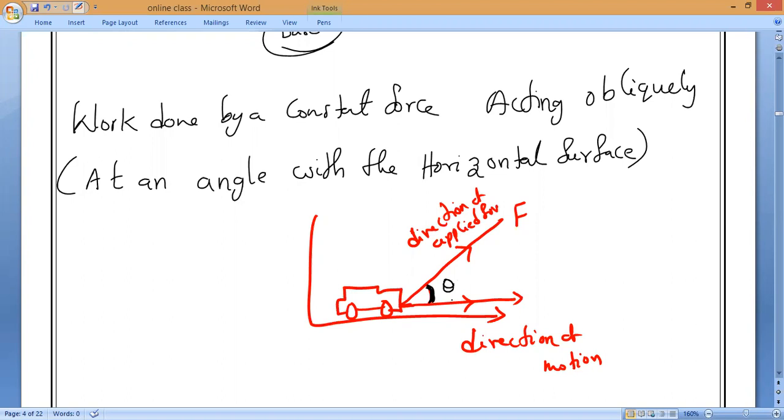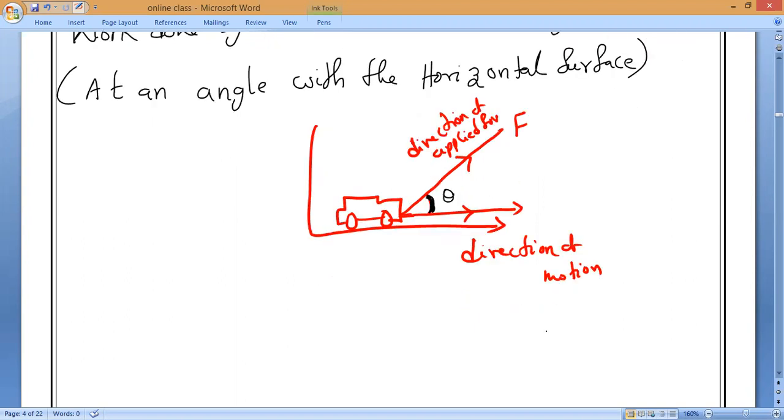Okay. Now, in this case, the formula for calculating the work done is, all of you should remember, W is equal to F into S into cos theta. Cos theta is a trigonometric function. When the direction of motion is like this, we represent it as F cos theta.